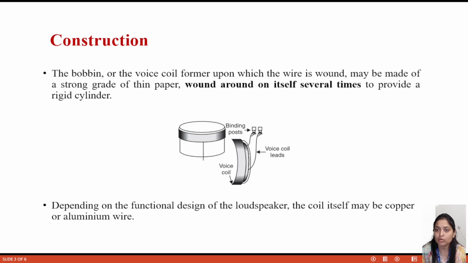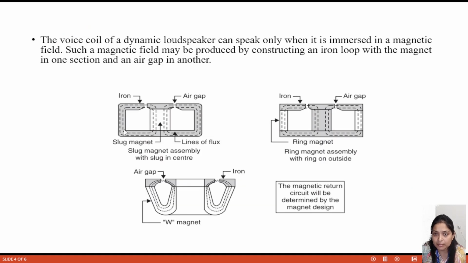This is the construction. This white portion is the permanent magnet, and this is the iron yoke. As there is a permanent magnet, magnetic flux is generated, and this iron yoke helps guide this magnetic flux through the air gap.